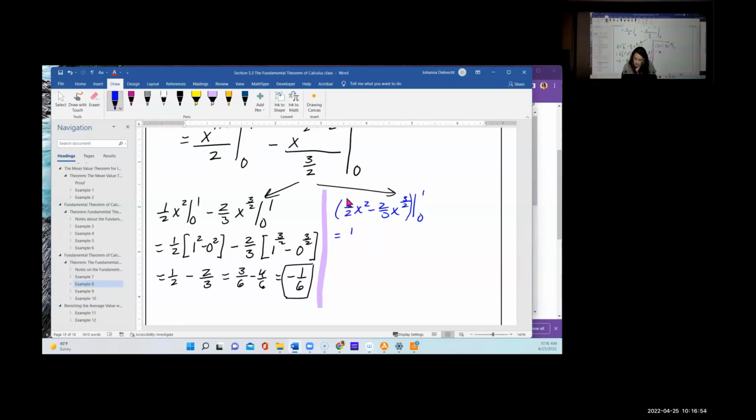So it's going to plug in 1/2 times 1 squared minus 2/3 times 1 to the 3/2 minus, and now you have to open up a bracket in order to be sure that you don't mess up the signs, since you want to subtract both of them at the lower limit. And then you do it again with the lower limit plugged in place of the variable. So 1/2 times 0 squared minus 2/3 times 0 to the 3/2. These both go to 0. And you end up with exactly the same thing you got in the first method.